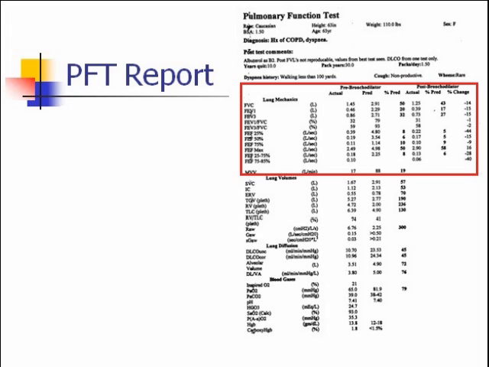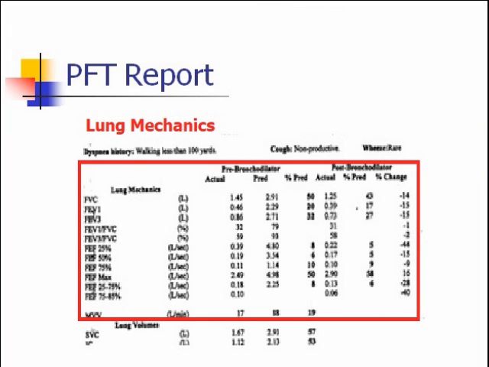Looking at the pulmonary function test report section by section, the first section we're going to look at is lung mechanics. All of these measurements indicate or are measurements of flow. In the first section, we have the pre-bronchodilator, we have the actual and predicted, as well as the percent of predicted.